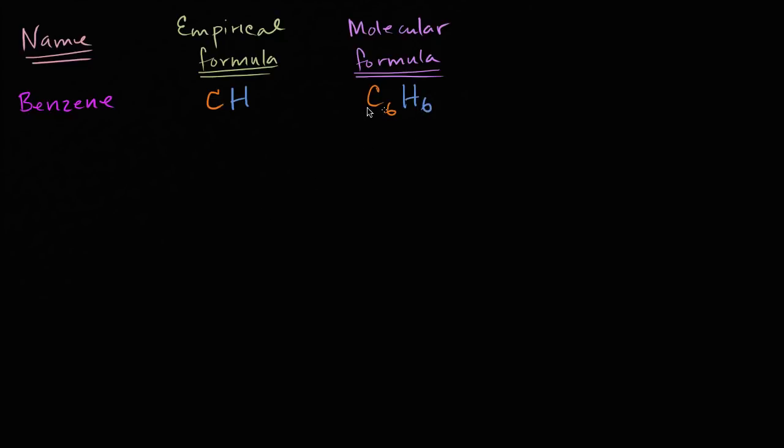Now the ratio is still 1 to 1. It's very easy to go from a molecular formula to an empirical formula. You essentially are losing information. You're just saying the ratio. It's a ratio of 6 to 6, which is the same thing as 1 to 1.